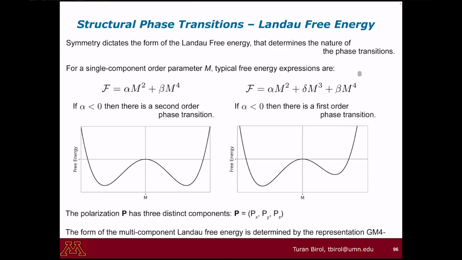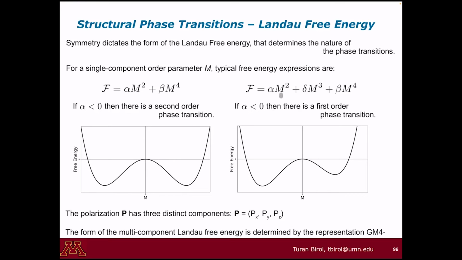But there are also situations, not as often in ferromagnets, but in other systems, where a cubic term is also allowed in the Landau free energy expansion. When you have this, you necessarily end up with a first order transition, and the condition is actually a bit more lax than even alpha being negative.